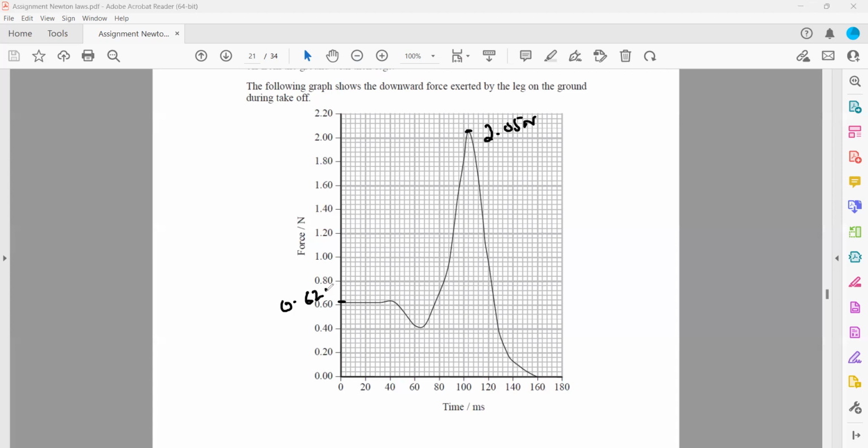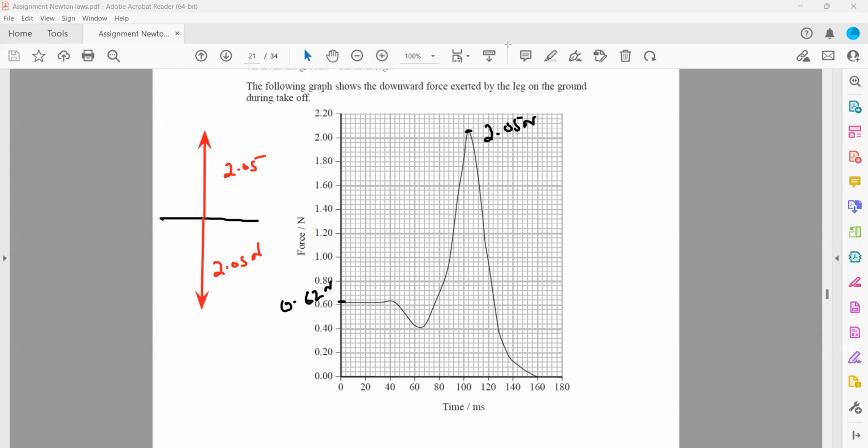So I took it as 0.6. So what happened? The bird is pushing with a force of 2.05 Newton downward. So there will be a force of 2.05 Newton upward. According to Newton's third law, forces act in pairs.